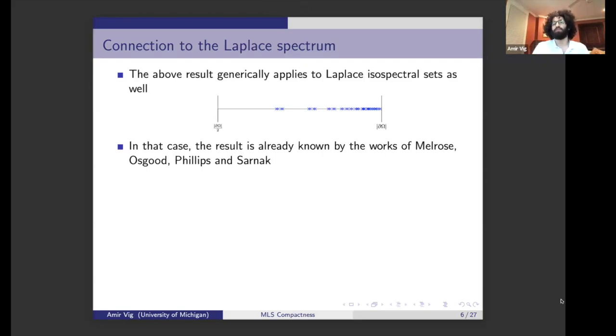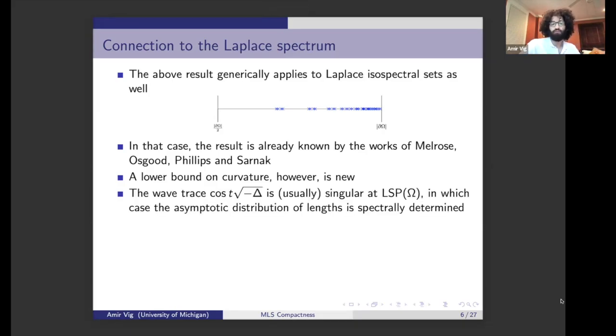But for the Laplace spectrum, this result was already known by the works of Melrose, Osgood, Phillips, and Sarnak. But a lower bound on the curvature was not known. And so what's the connection between the Laplace spectrum and the length spectrum? It's due to the Poisson relation, which says that the wave trace, trace of this operator, is usually a distribution which is singular at the length spectrum.